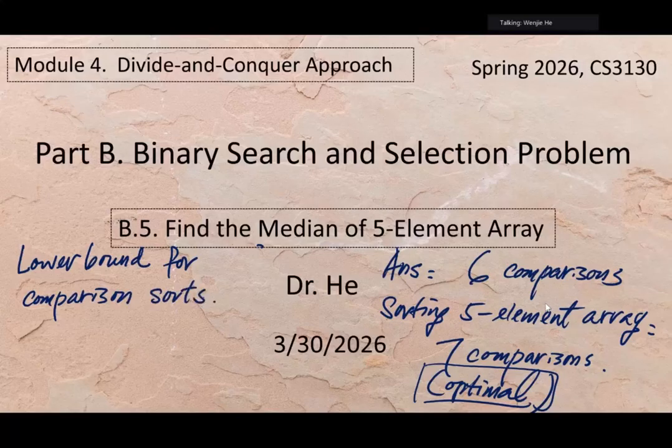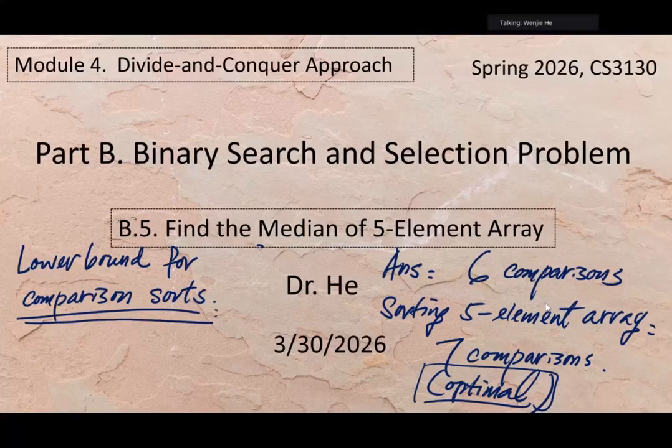Because there are some non-comparison sorts, special sorts that do not use comparison. Later, when we have time, we will study counting sort. We do counting, not comparison, and we can still sort. But this lower bound is for comparison-based sorts.